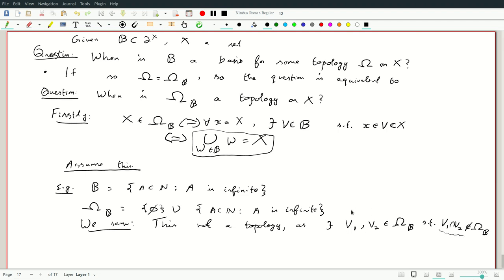Now if you think back about how we dealt with real numbers, property 3, which we have dealt with right now, needed an extra condition. By the way, we do know that phi belongs to omega B always, because it's the empty union. There is a condition for X to belong to omega B, which was satisfied by construction in the case of real numbers.